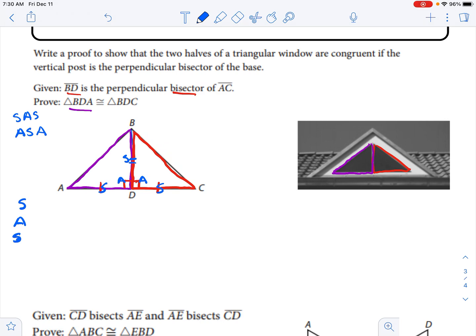Okay, so then if I go through it, I know that AD is congruent to DC. So this line right here is congruent to this line. Why? Because that's a definition of bisector.